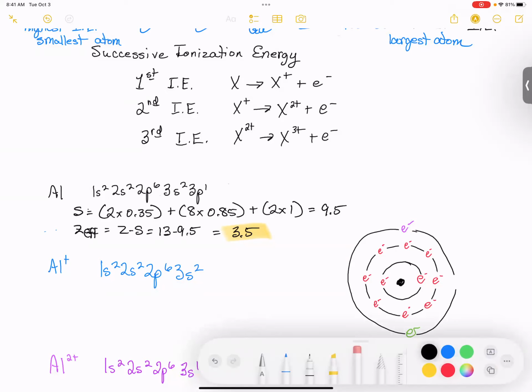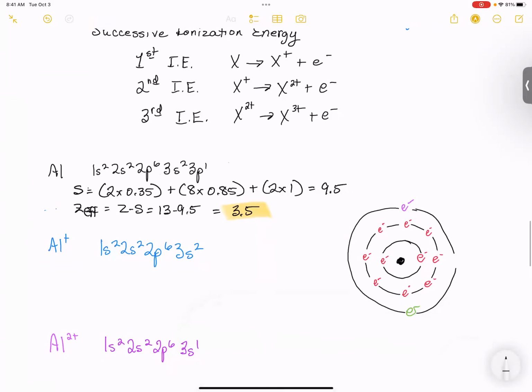Now, if we look at this and do the Z effective, S is equal to 1 times 0.35 plus 8 times 0.85 plus 2 times 1, or in other words, it's 9.15.